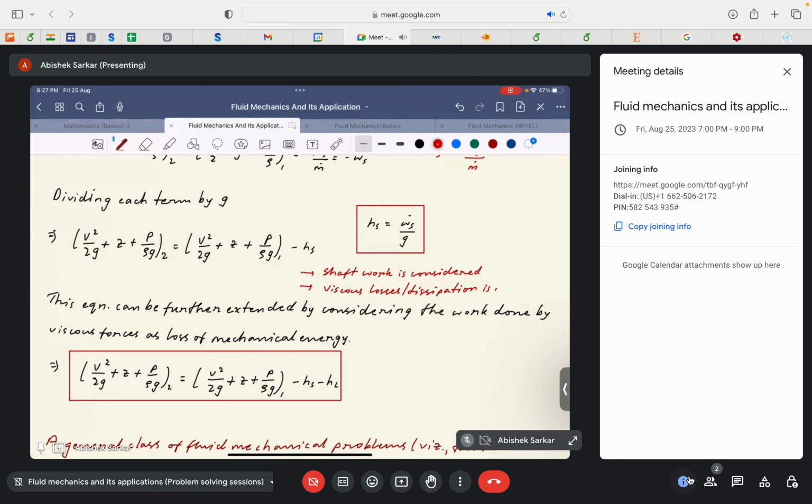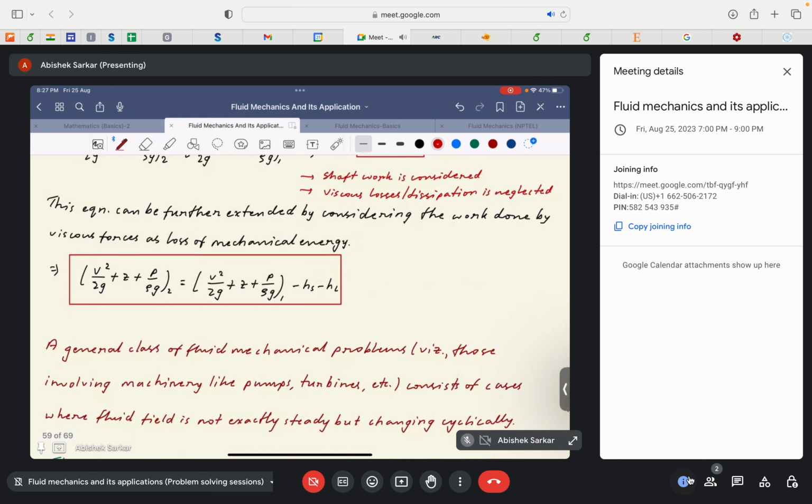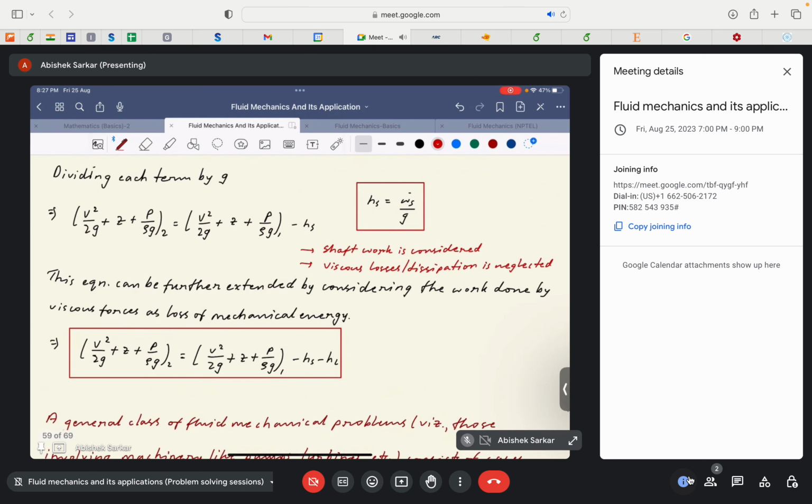Okay, and now it is told that this form of the equation can be extended even further if we consider the viscous forces as loss of mechanical energy. Basically viscosity acts as a factor that results in the loss of mechanical energy. So if we take that also into consideration, we just need to add one more additional term on the right hand side of the equation, so that we can also include the viscous losses.